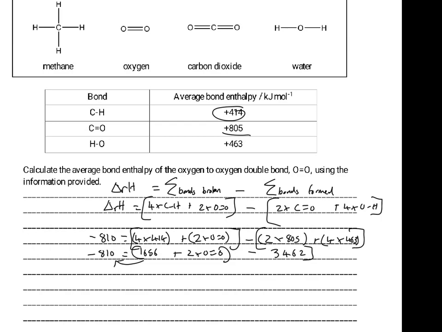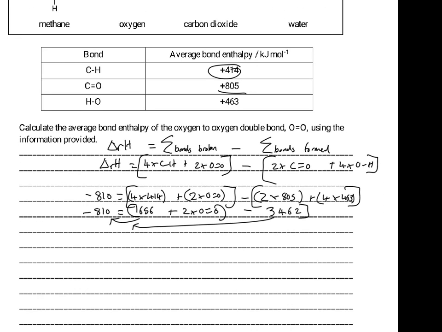And then if you shift that over there and you shift that over there, you end up with 996 is equal to 2 lots of double bond O, and therefore your double O bond is equal to 996 over 2, which is equal to 498, and the unit for these is kilojoules per mole minus 1, because that's what they told us up here.